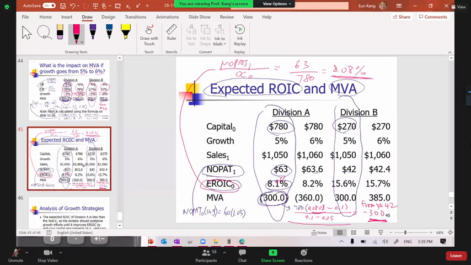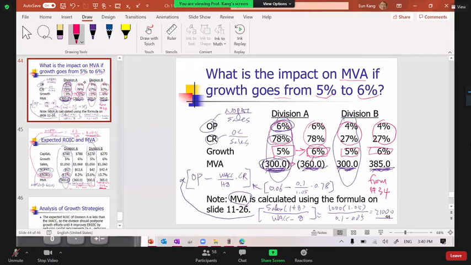So what I'm saying is, you can get MVA in many different ways. So maybe information may be given, and if you know only this way, then what? If I don't give you some numbers on this one, then you may not be able to solve it.